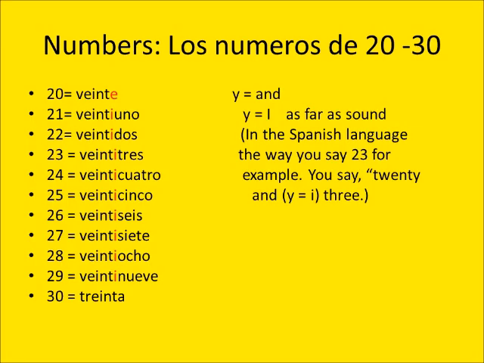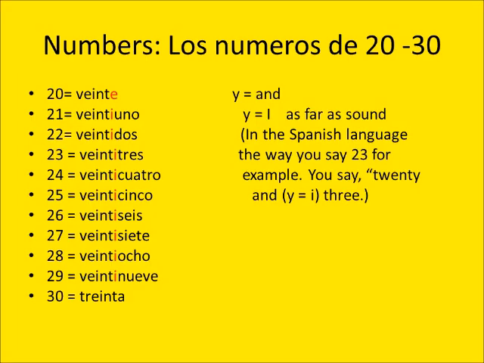The reason that they do that is for the spelling. They didn't want to see the letter E, the letter I, the letter U, too many vowels together, just to clean the spelling a little bit. What that means is the number 20, the letter I means and, and the last number, uno. So they have 21, 22, 23, 24, 25, 26, 27, 28, 29, 30.